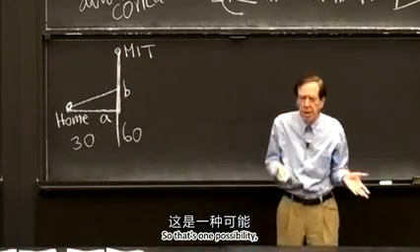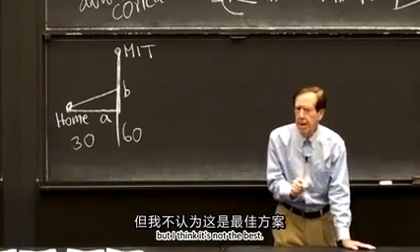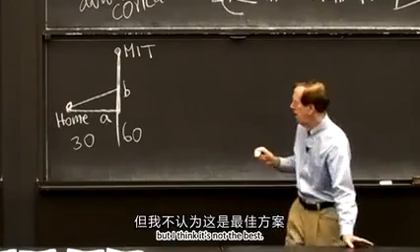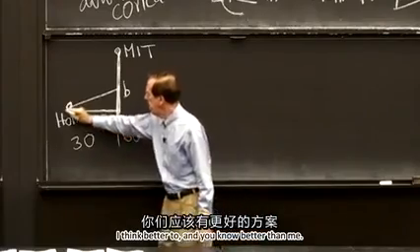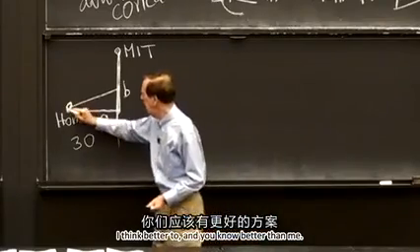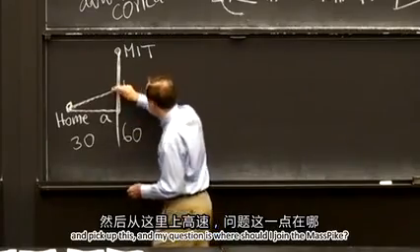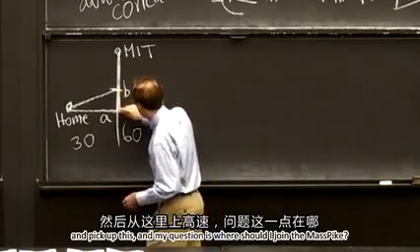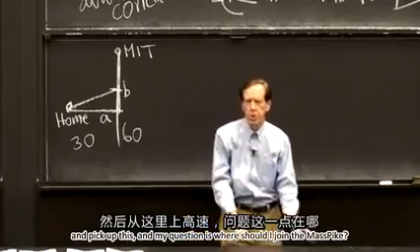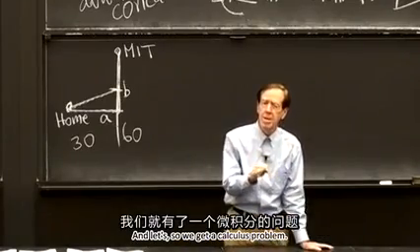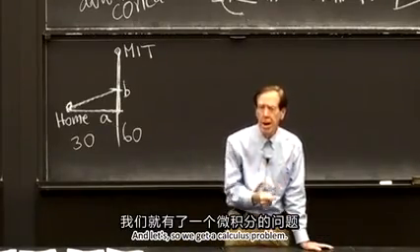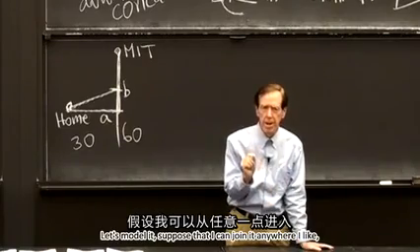So that's one possibility. But I think it's not the best. I think I should probably angle over here and pick up this. My question is, where should I join the Mass Pike? And so we get a calculus problem, let's model it.